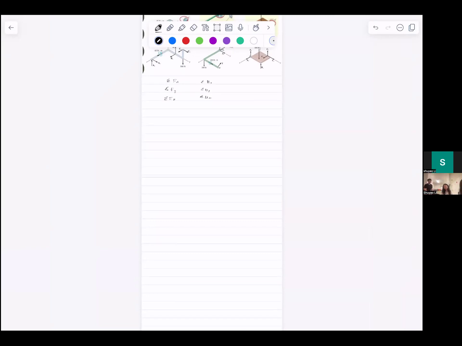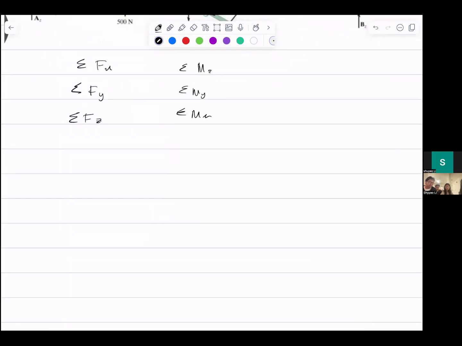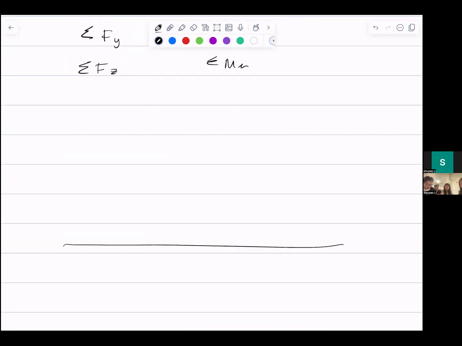So the next lecture is about trusses. Characteristics about trusses are that it's in 2D, or at least the way we analyze it generally in the class is that it's 2D. A lot of the assumptions that we make are that all the applied loads of the truss are going to be at the joint itself.